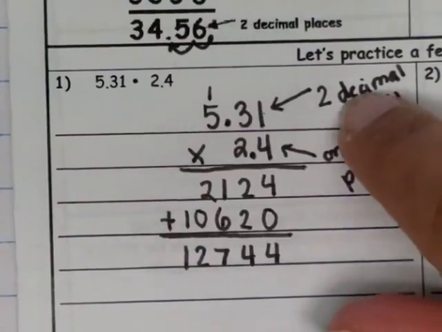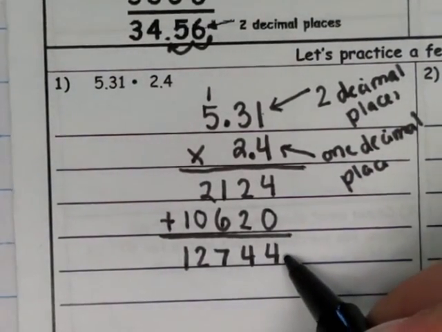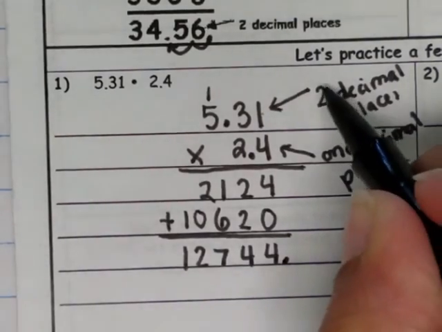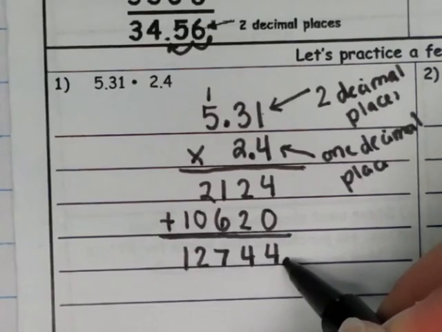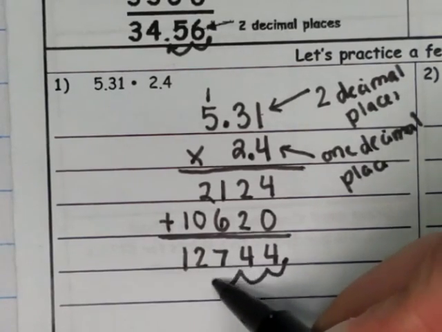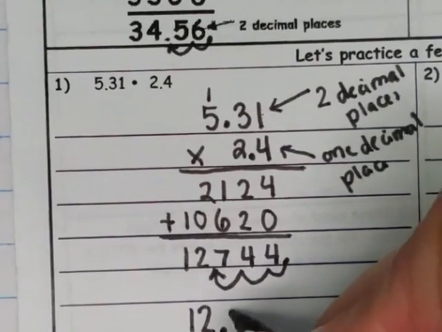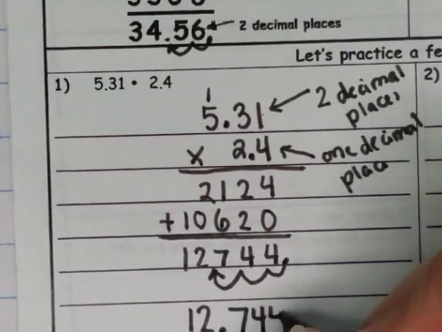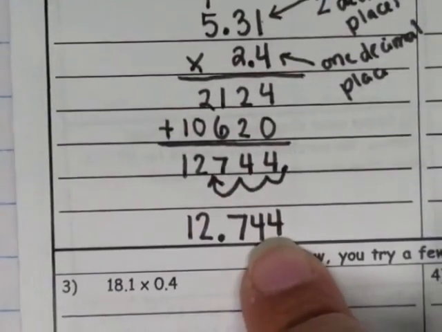So 2 plus 1 makes 3 decimal places that we're going to have to move this guy. So the decimal starts at the end, and we have 1 and 2. So we're going to add those together and make it 3 decimal places. So 1, 2, 3. So our answer ends up being 12.744. Or you might say it the correct way, 12 and 744 thousandths.